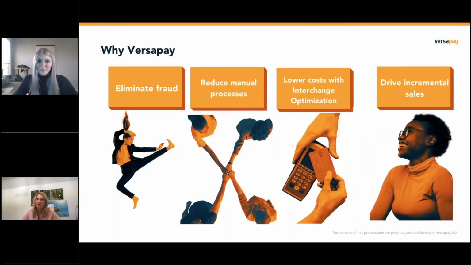Another thing that I want to make sure that we point out is that lowering your overall cost of acceptance is a huge benefit, obviously, but we also really help eliminate fraud. One of our other main focuses is to help reduce manual processes. Because we have that direct connection with the ERP, we take over where the ERP creates an invoice, creates a cash sale.